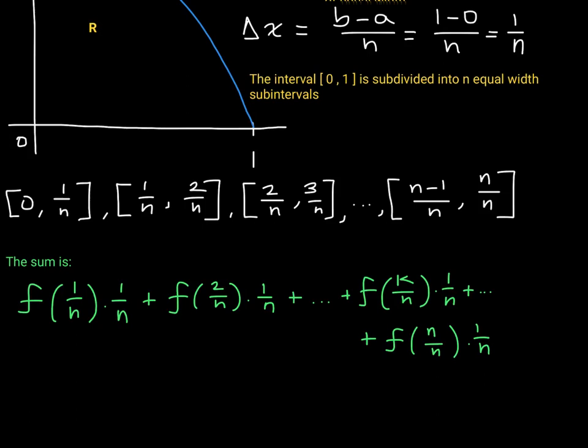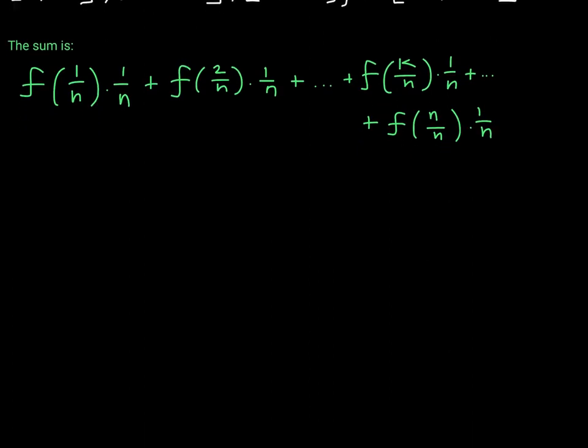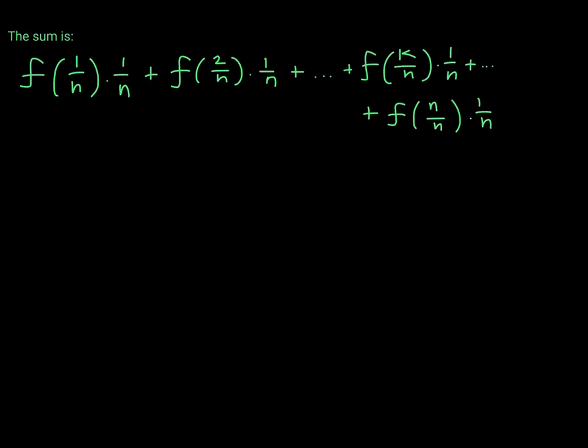Now this is where sigma notation comes in, because this is kind of a pain to write. So let's see if we can use sigma notation to write this sum. Sigma notation would be the sum of, looking at this entire sum, each one is f of the right endpoint.